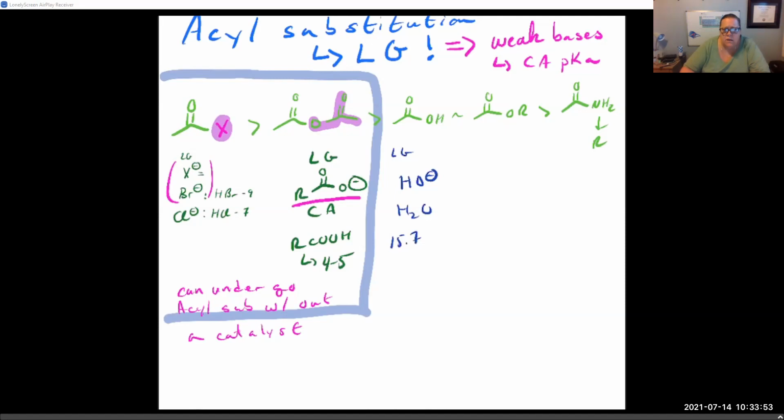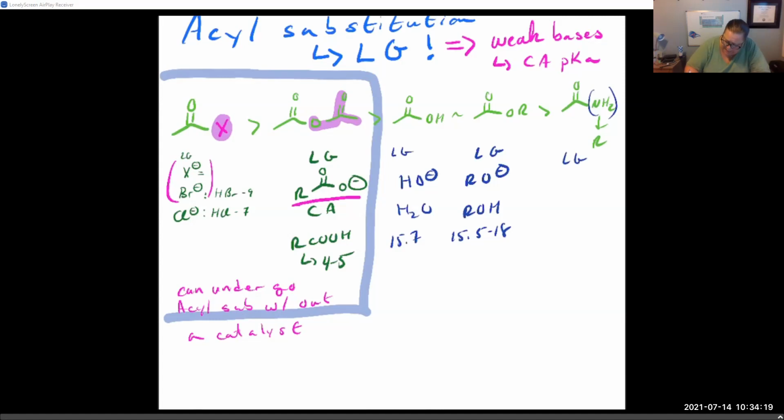The leaving group for my ester would, of course, be an alkoxide. Its conjugate acid is alcohol. And so we're looking at pKa values between 15.5 and 18. The leaving group for my amides would be amide.